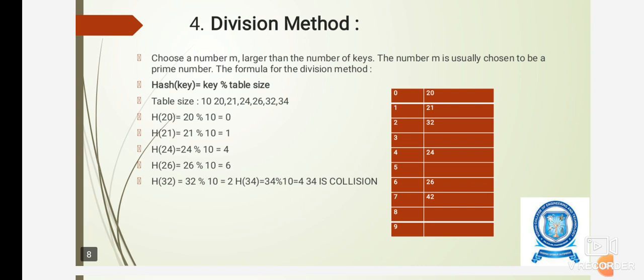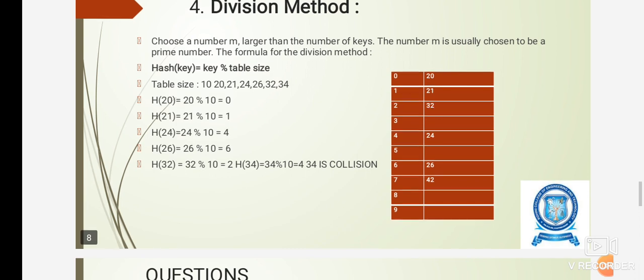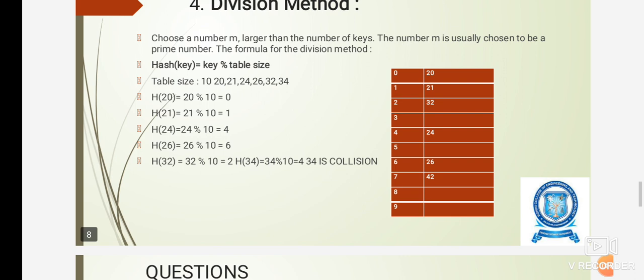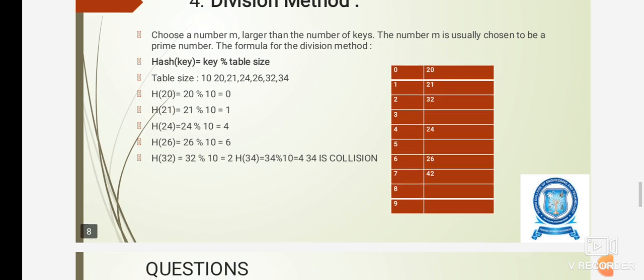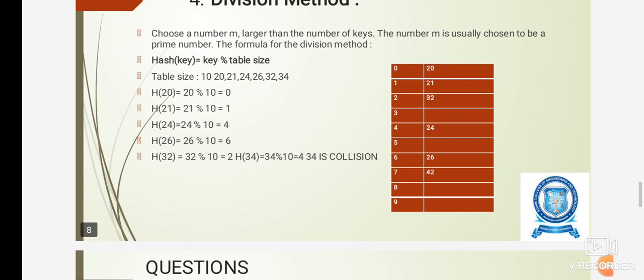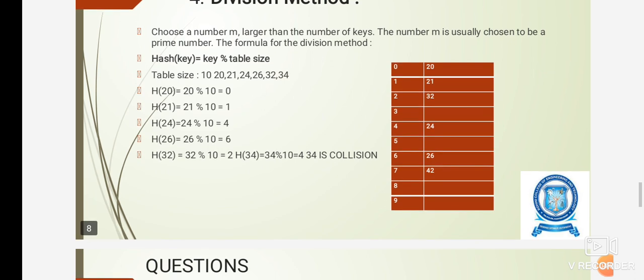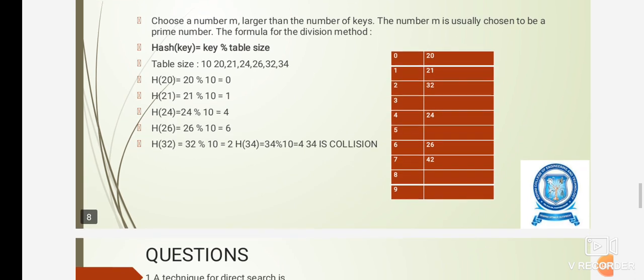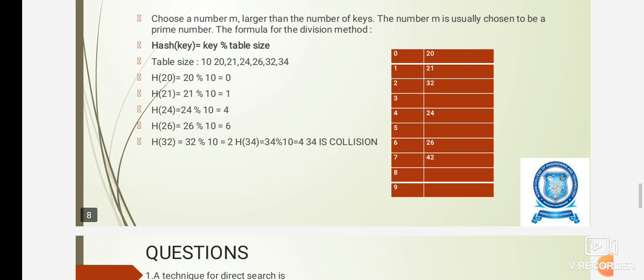Then the division method: choose a number m larger than the number of keys. The number m is usually chosen to be a prime number. The formula for the division method is h of key is equal to key modulo table size. Here the size of the table is 10, and we insert the elements 10, 20, 21, 24, 26, 32 and 34. h of 20 is equal to 20 modulo table size 10, which is 0.